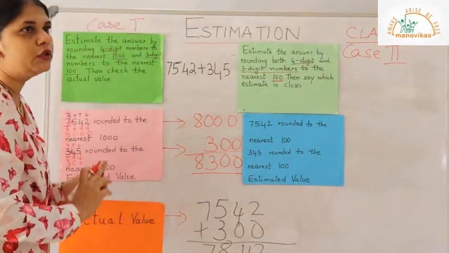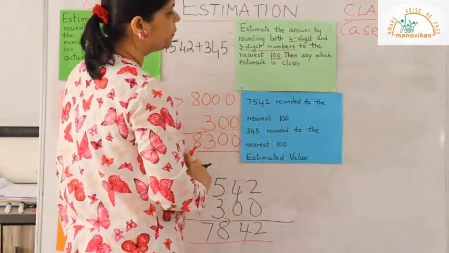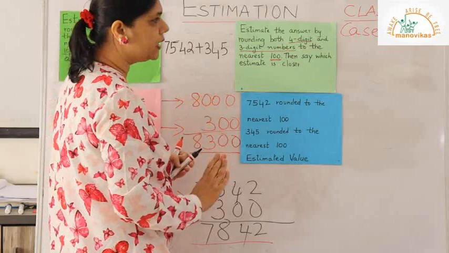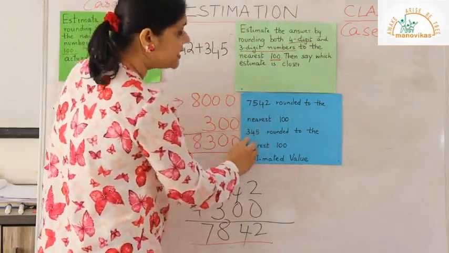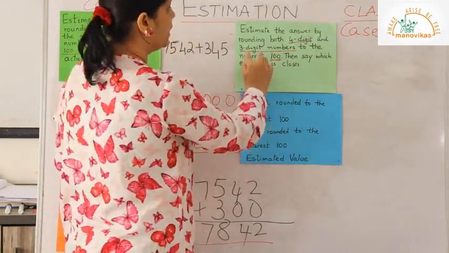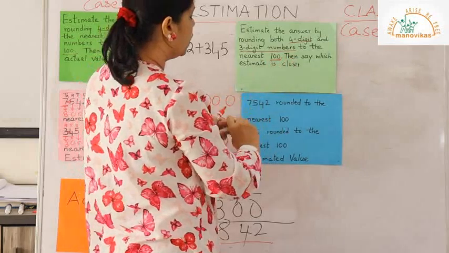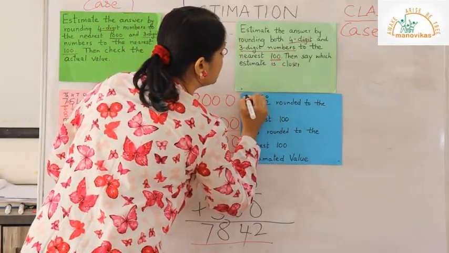So that we are going to decide now. So let us find the estimated value here. You need to first round the numbers, but remember both your 4-digit as well as 3-digit numbers have to be rounded to the nearest 100. So let us begin. Hundreds, thousands.